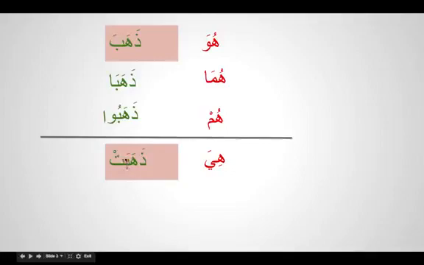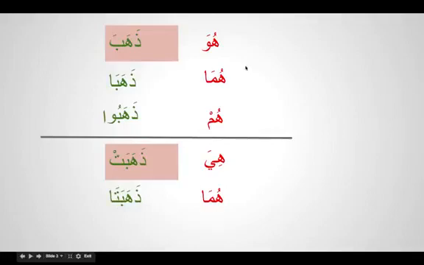This ta is not a part of the pronoun, but it just shows that it is a feminine verb, an action done by a lady. Huma means two feminine ladies or objects. Zahabat plus alif is zahabata.